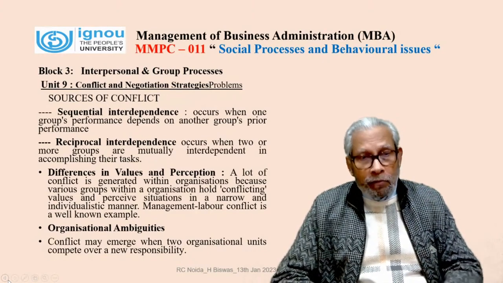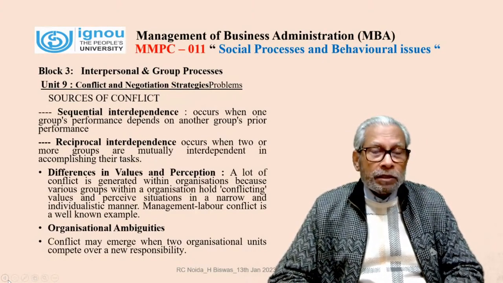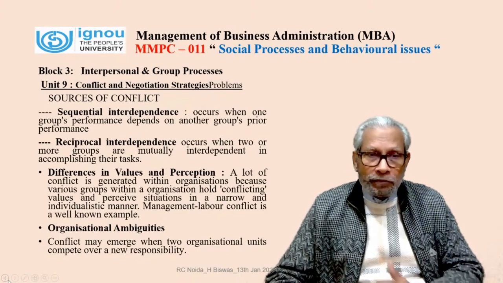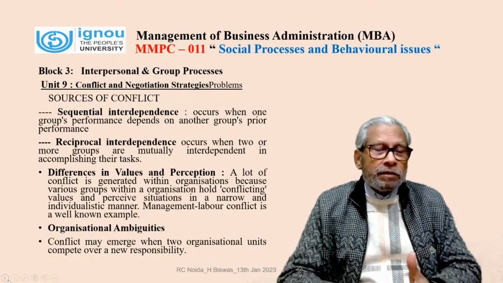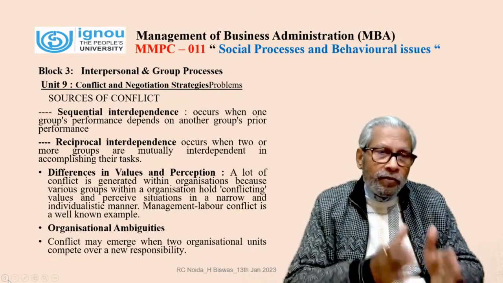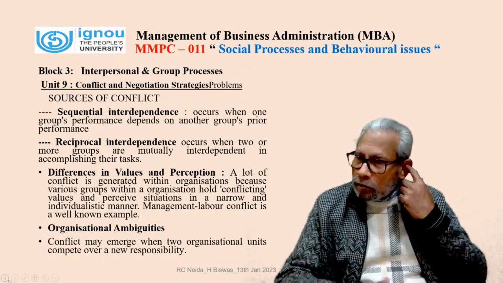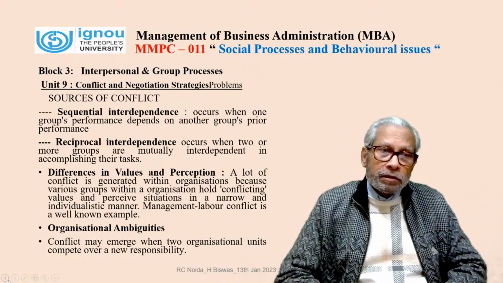If the previous job is not completed successfully or with accuracy, then definitely the next group's performance will be affected. So that is sequential interdependence. In serial fashion, every work has to be performed correctly and on time, then the other groups in the queue can also perform nicely.